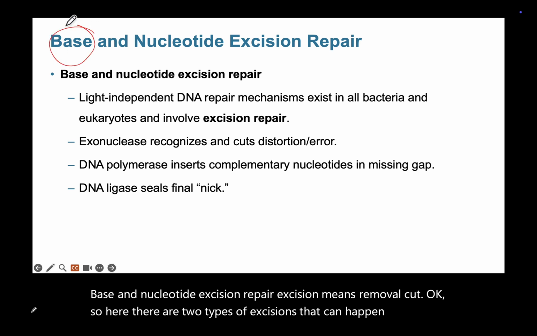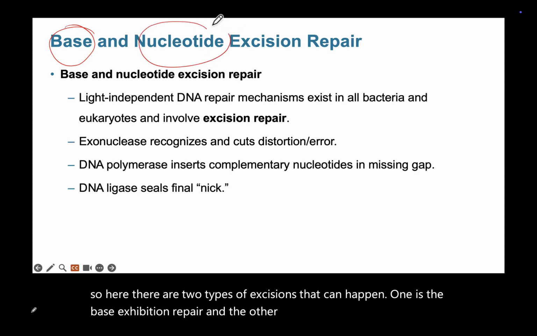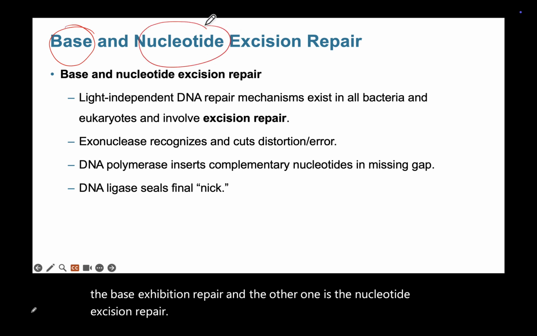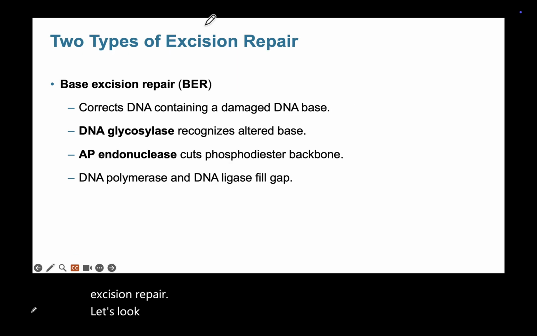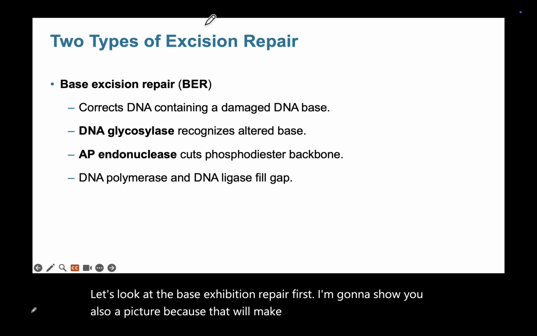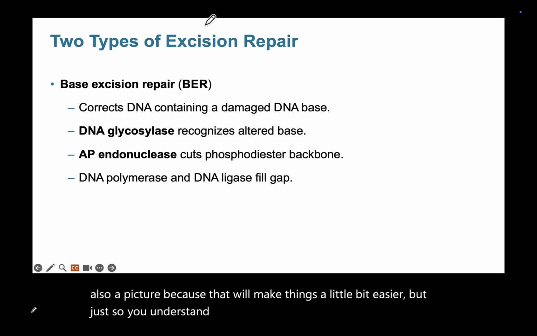One is the base excision repair, and the other one is the nucleotide excision repair. Let's look at the base excision repair first. I'm going to show you also a picture because that will make things a little bit easier. But just so you understand, there are two main enzymes in this base excision repair system.